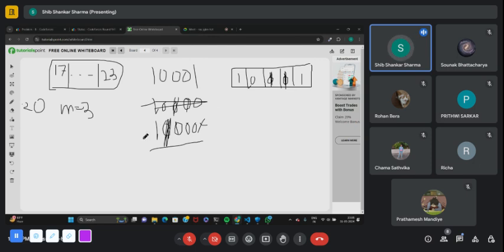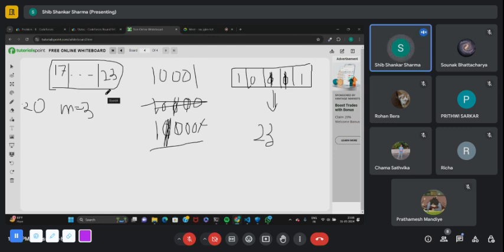And after that, I have all the bits as 1 only. So the decimal representation of this will be my answer, and this comes out as 23. Okay, so this will be my approach. For any given value of n and m, I will find out what is the minimum value that can be there in my range, and what is the maximum value.